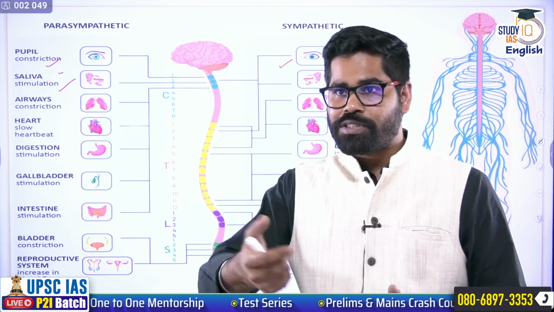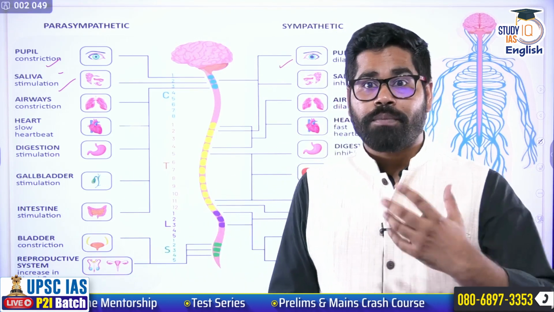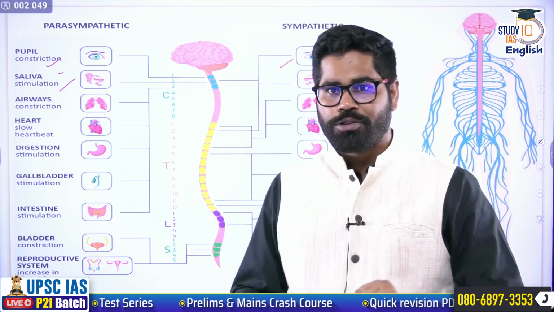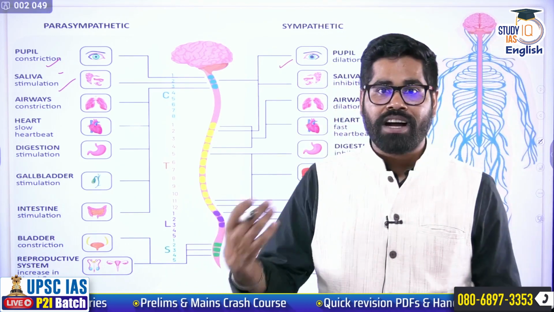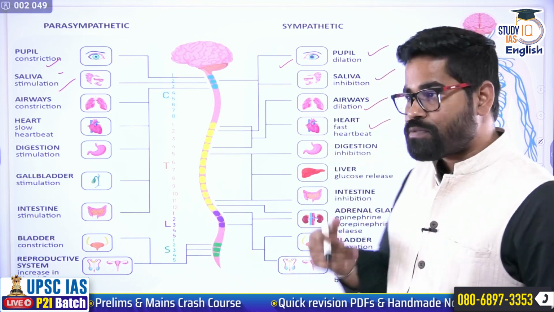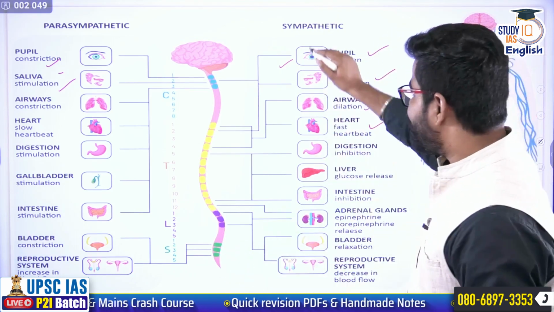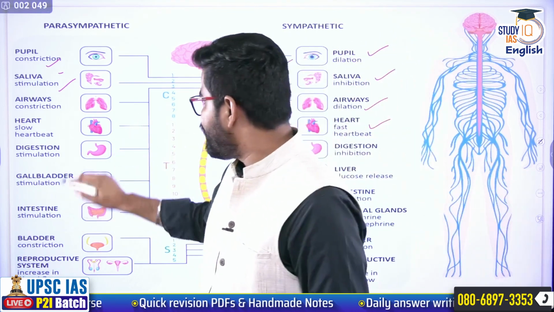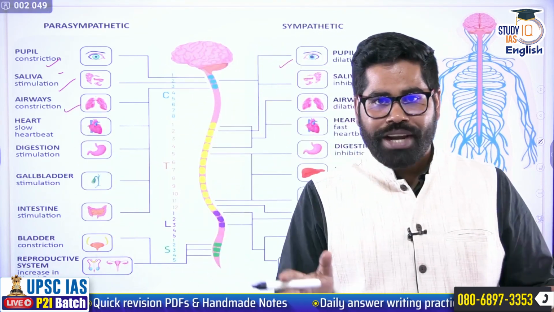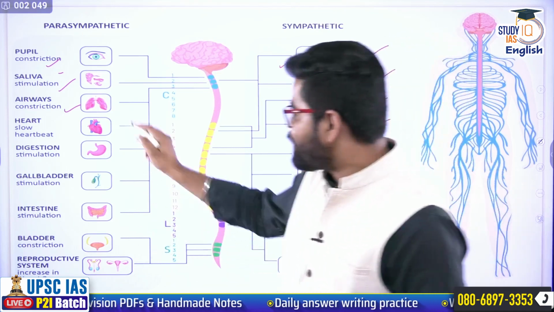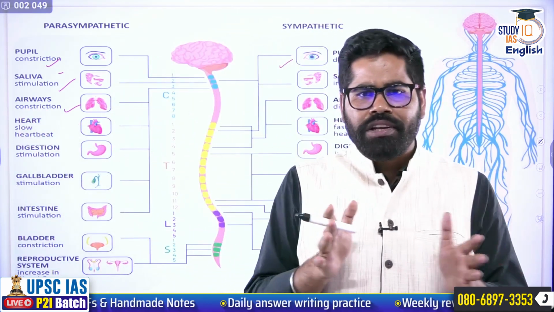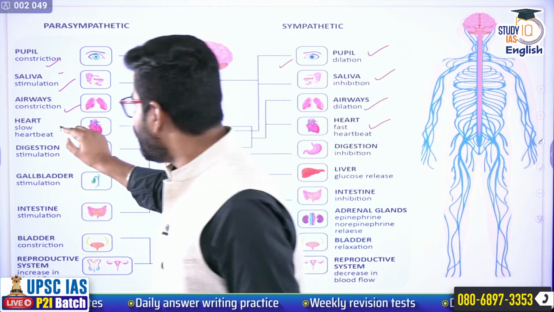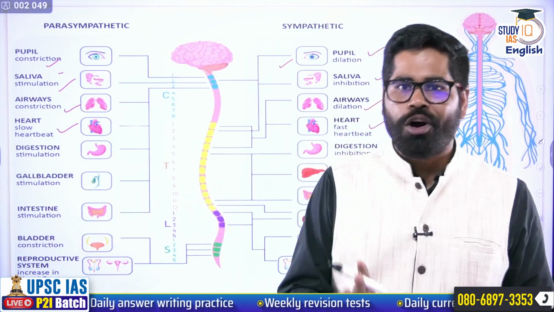Similarly, when you are watching a cricket match and have become excited, you'll find that the heart becomes faster. The airways become dilated. That is a sympathetic response of the body. On the other hand, when the body is trying to calm down, the airways will become narrow, constricted, the heart will become slower, and it becomes normal again.